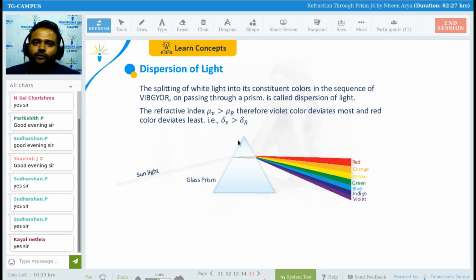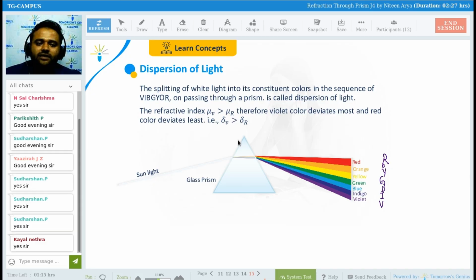The splitting of white light into its 7 color components is known as dispersion of light. Is this clear, everyone? VIBGYOR: violet, indigo, blue, green, yellow, orange, red. That is the pattern.